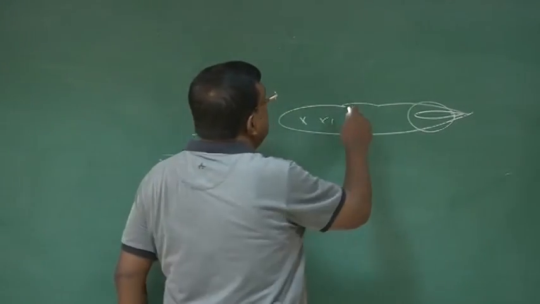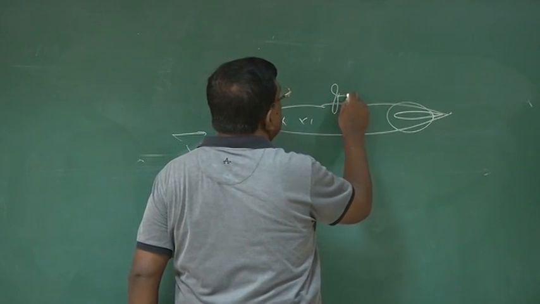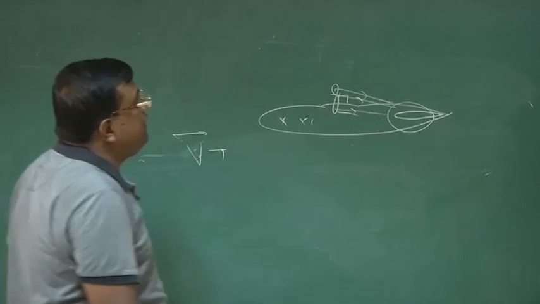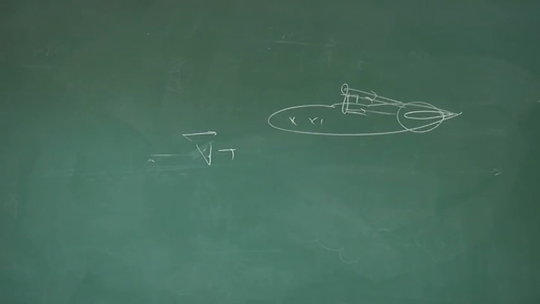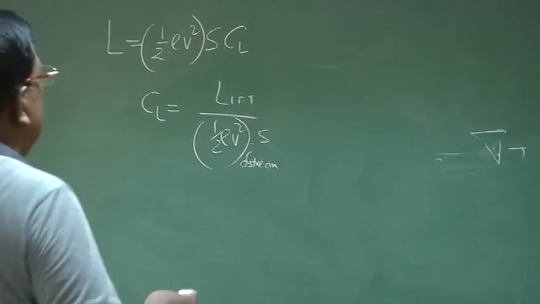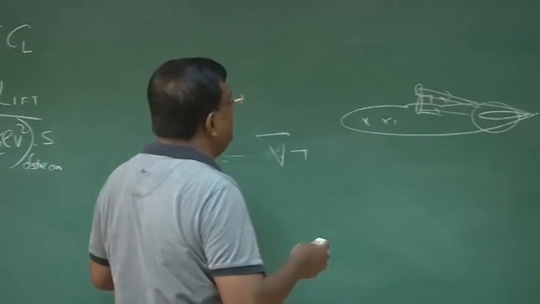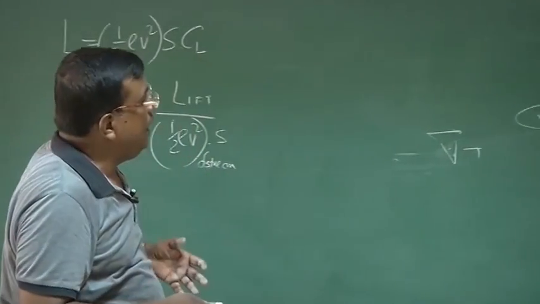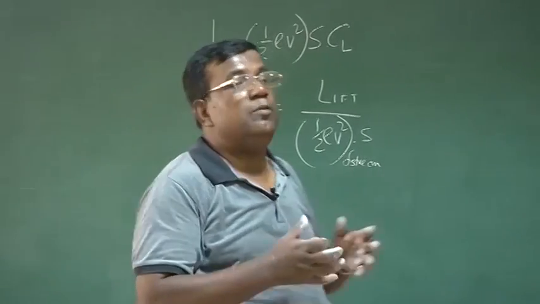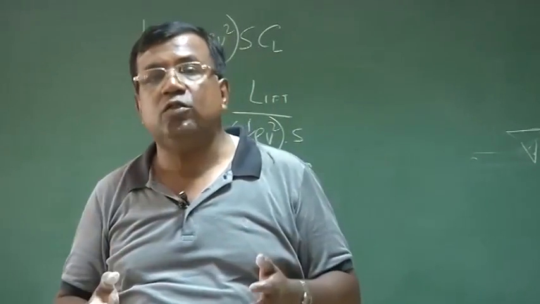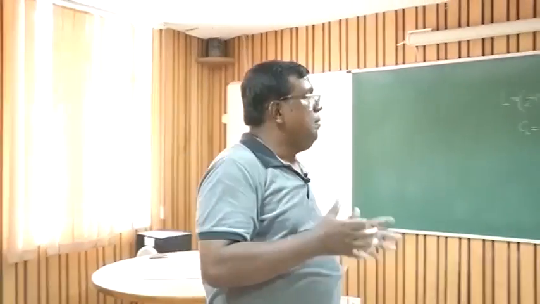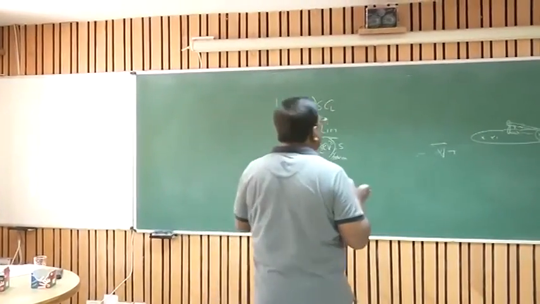However, if I have an engine mounted here, this prop wash can create or augment, change the dynamic pressure on the tail. So that is why we need to be very careful when I am talking about lift and drag, that when I finally talk about overall CL of the airplane, it has to be non-dimensionalized with the free stream dynamic pressure. Okay? But local lift could be on the local dynamic pressure.